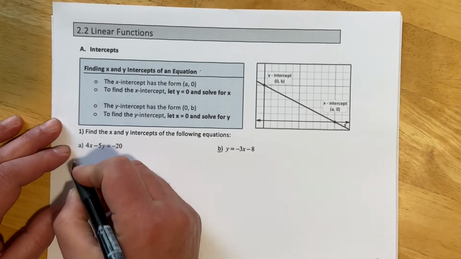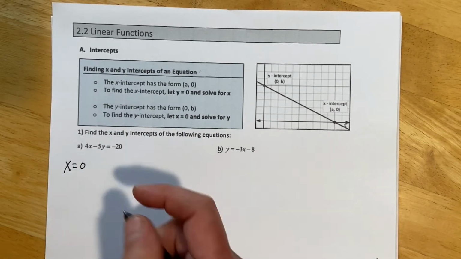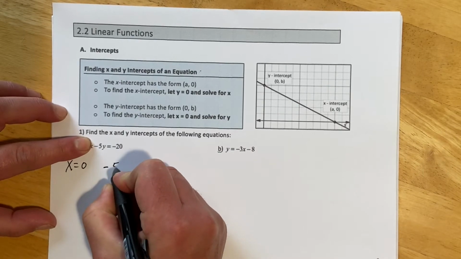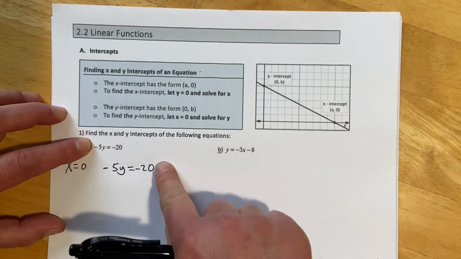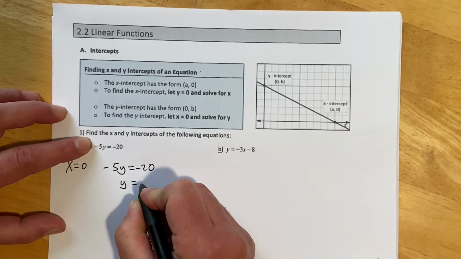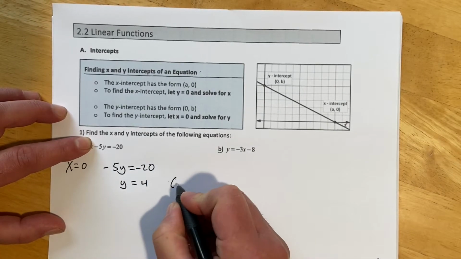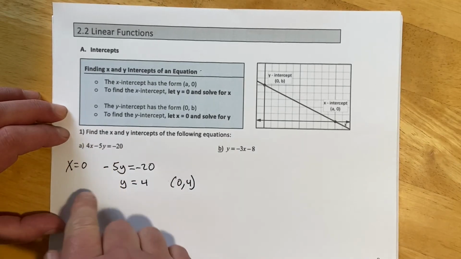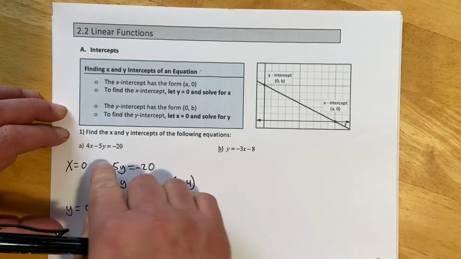So here, if I let x equal 0, then I'm going to be solving for y, right? So 4 times 0, that piece would drop out, and I would just have negative 5y equals negative 20. There I can divide by negative 5, and I would have y equals positive 4. So as an ordered pair, when x is 0, y is 4. And then to find the other intercept, we're going to let y equal 0, and that'll let us find the x-intercept.